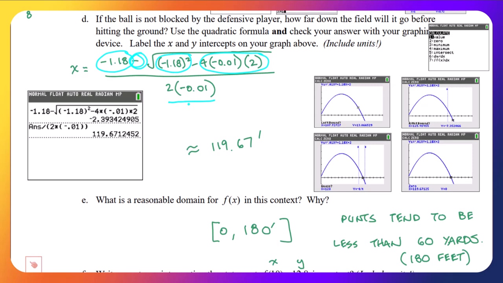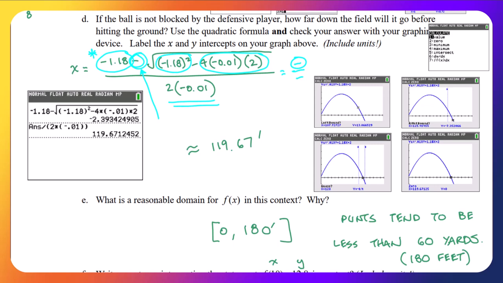Well, if this bottom number is negative, I can see that 2a, a is negative, and this number is negative. I better make the top negative so that when I divide, I'll have a negative over a negative, which makes it a positive. So to guarantee that the top is negative, I need to subtract. So you have to think about how the formula works.